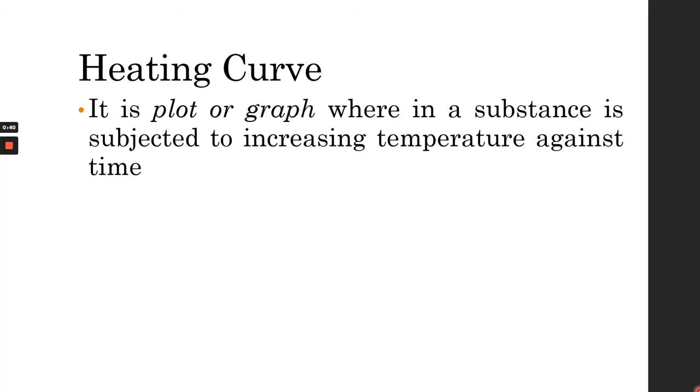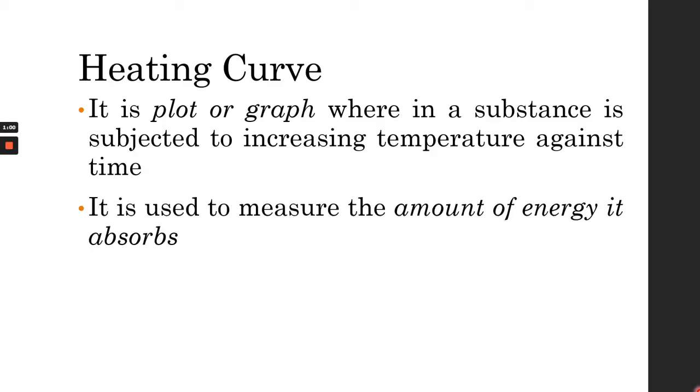A heating curve is basically a plot or a graph that we use to identify the temperature increase across a period of time. Meaning we are adding heat onto a substance and then we measure the temperature over a period of time.